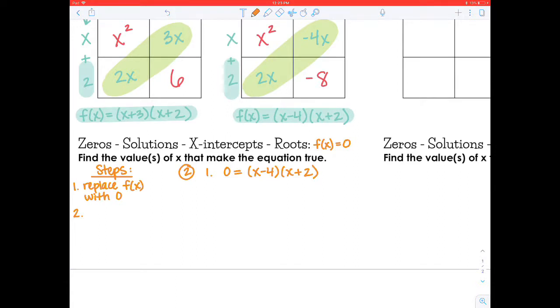Since one of them must be equal to 0, we're going to actually set both of them equal to 0. So set each binomial or factor equal to 0.